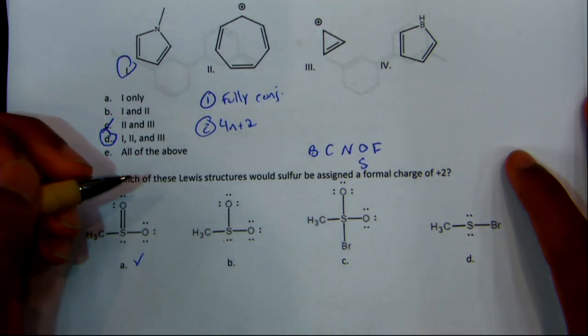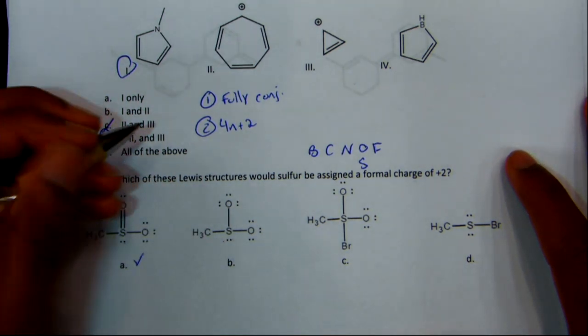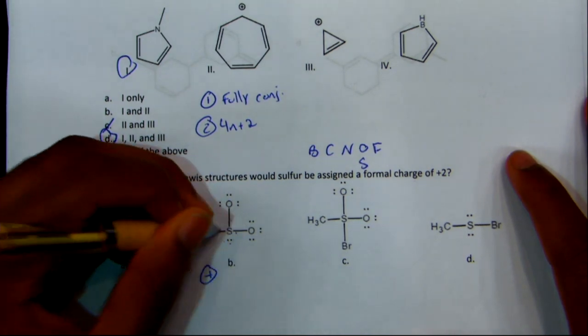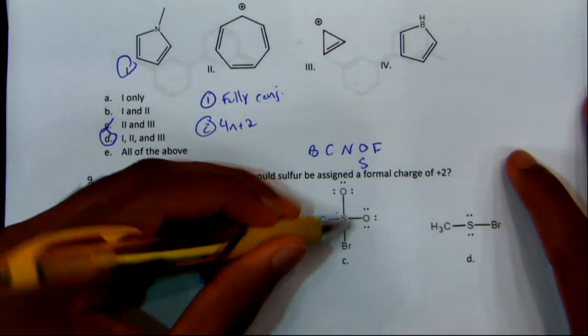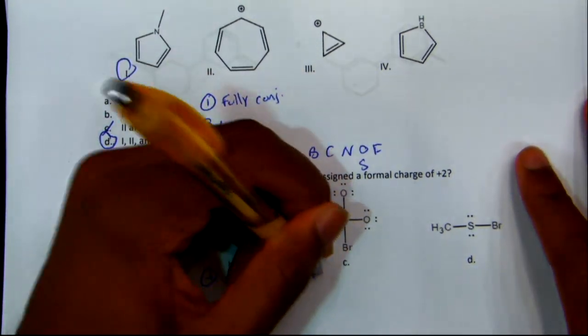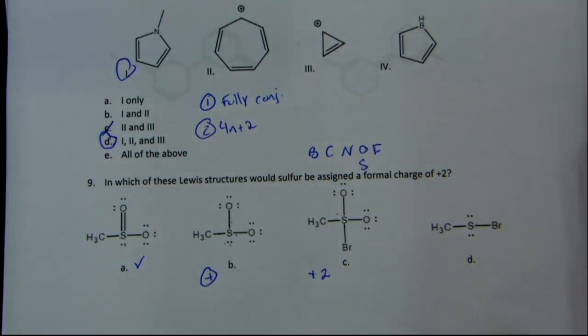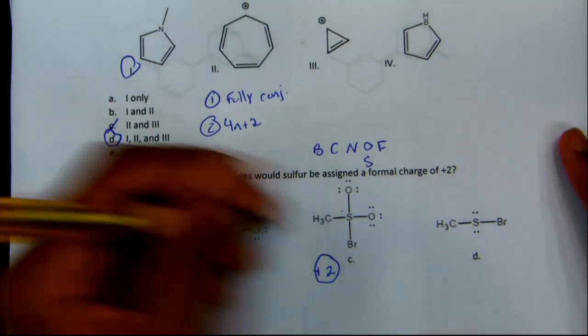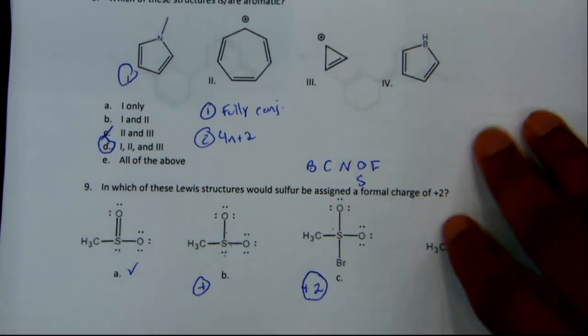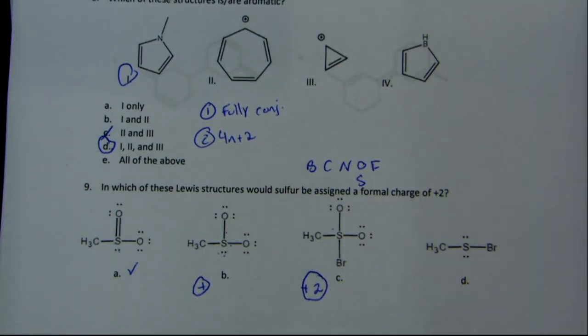What charge does it have? +1, right? 2, 3, 4, 5. This one has +2. Is that cool? And then this one, 6, we're good. So we're good with assigning formal charges. We're looking at valence.